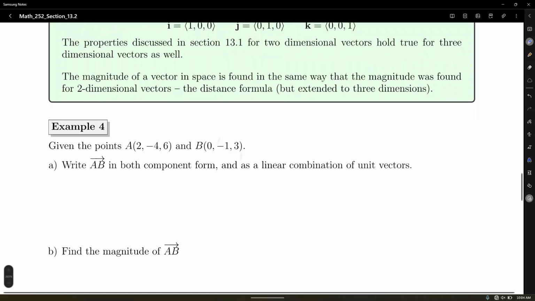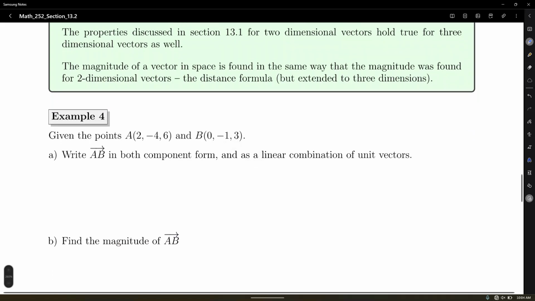Okay, given the 2 points, (2, -4, 6) and (0, -1, 3), let's write AB in both component form and as a linear combination of unit vectors. That means AB, let's do simply terminal minus initial: 0 minus 2, that's -2; -1 minus -4, careful, that's +3; and 3 minus 6, that's -3.